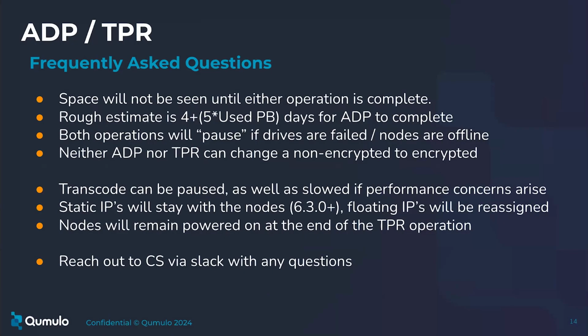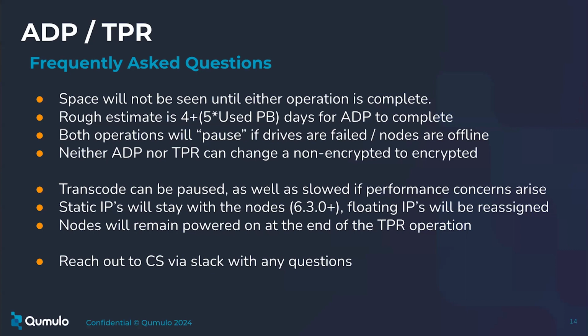Okay, nodes will remain powered on at the end of the operation. So this came to be basically, pardon me, we're making some changes with code, and it was initially with TPR, we actually powered the nodes off so you know which ones you're going after.